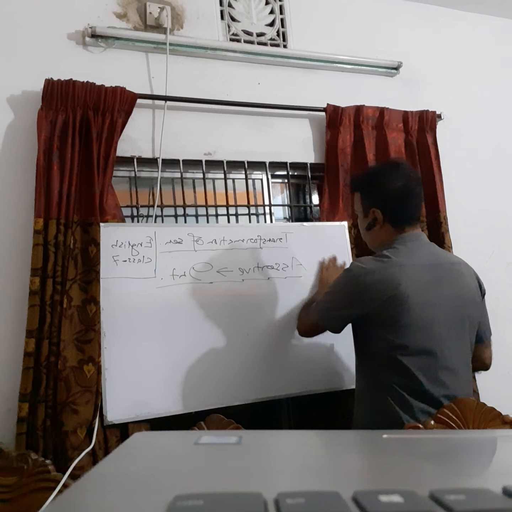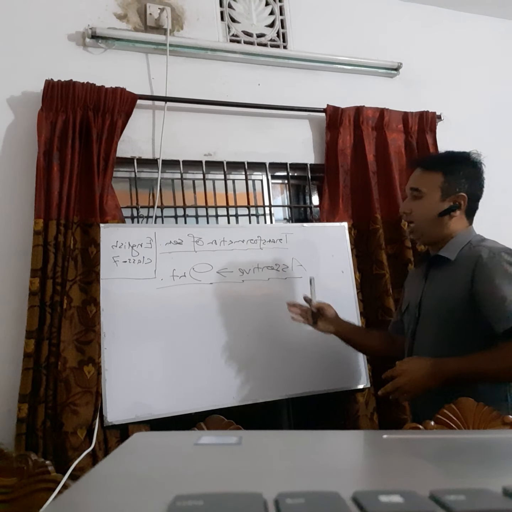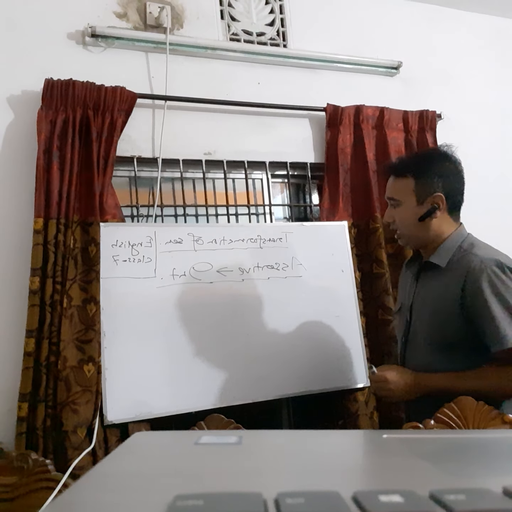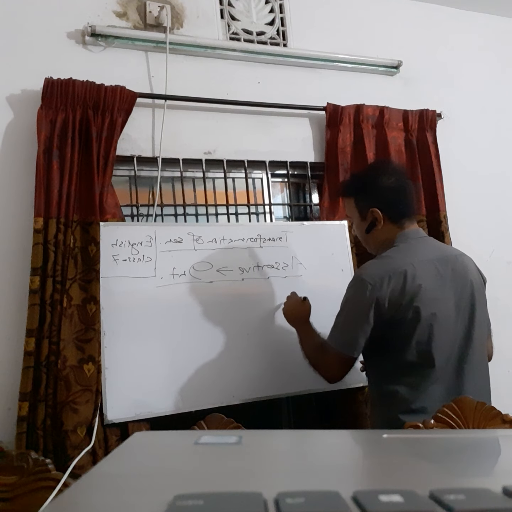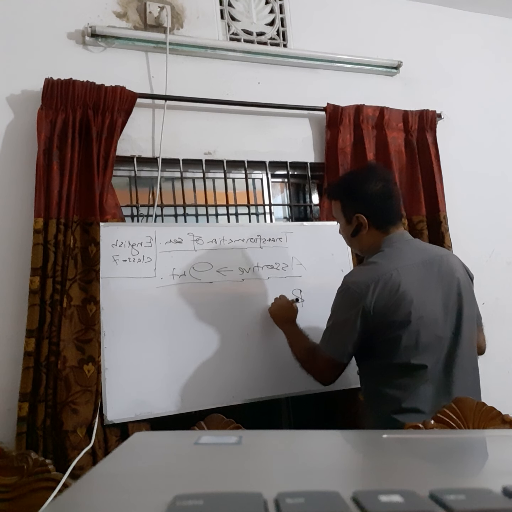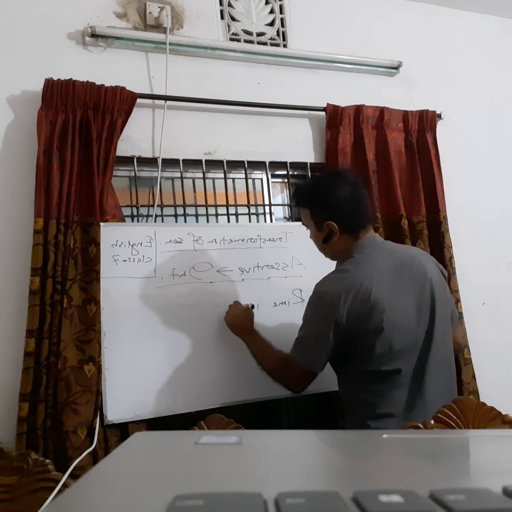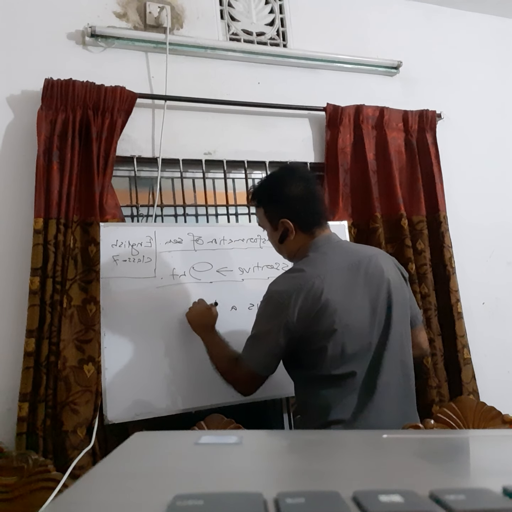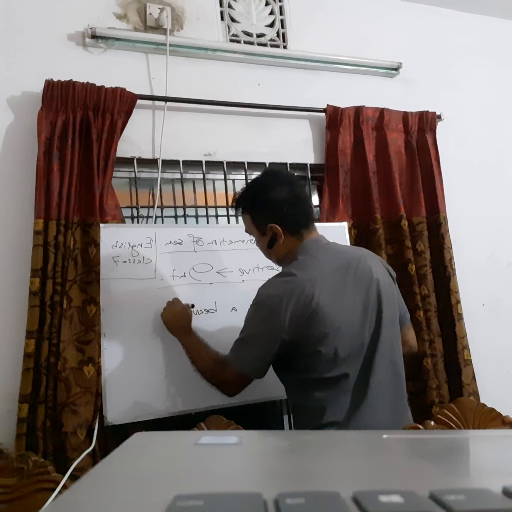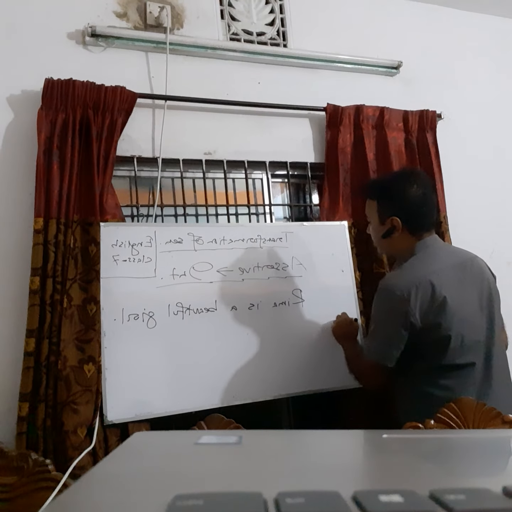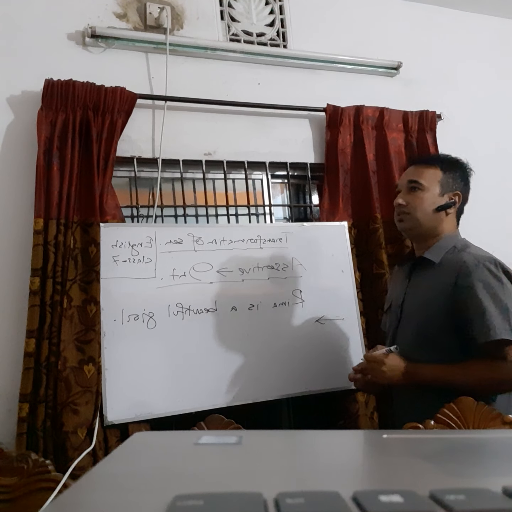Okay, I will show you assertive to interrogative, how to change an assertive sentence into interrogative. I write a sentence. Rima is a beautiful girl. I will make it interrogative.